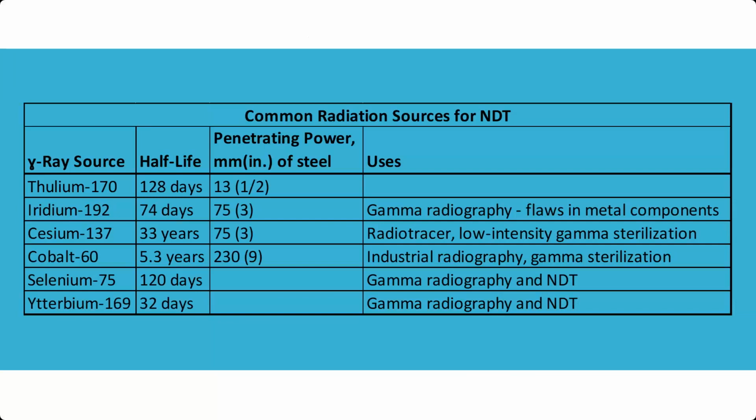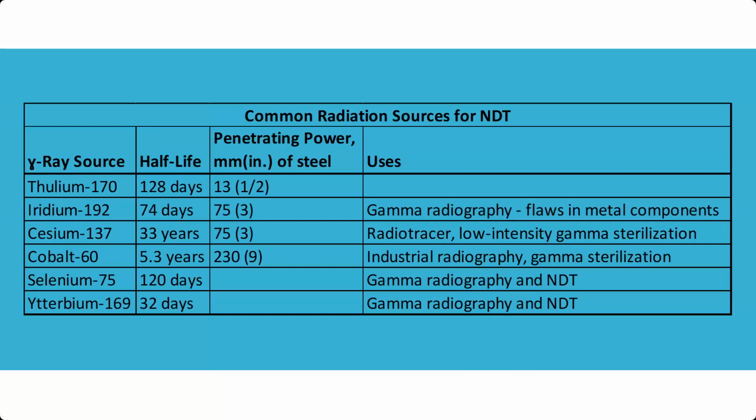Because over time, it's going to give off less and less radiation to a point where it no longer is useful or effective. And so you have to know when you reach that point and when you need to retire a piece of material and get something new.